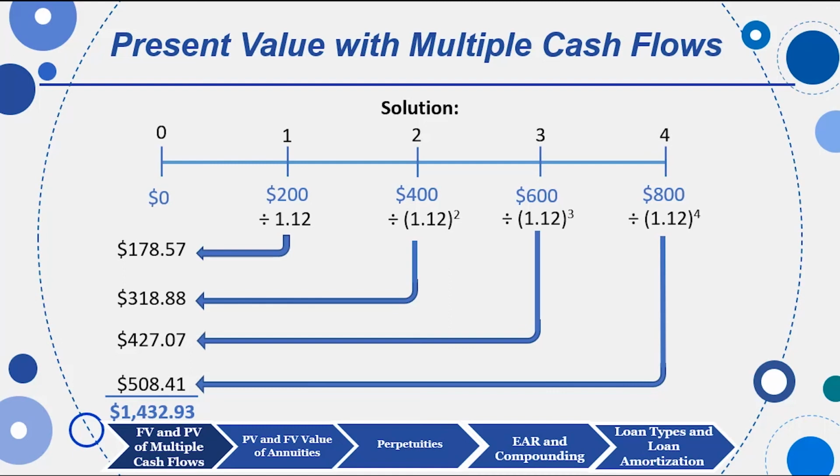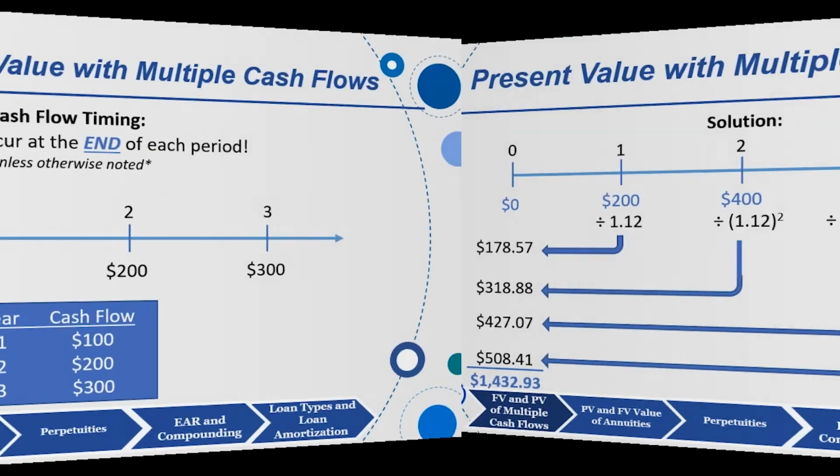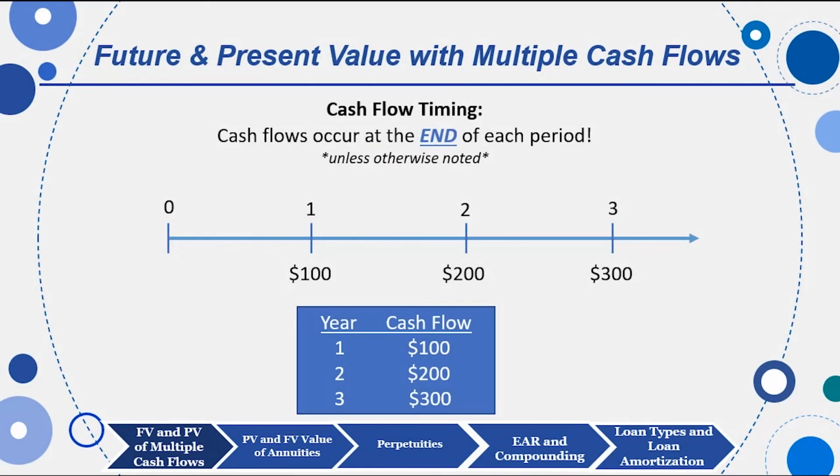Sum these all up, and I get a total present value of those 4 cash flows of $1,432.93.